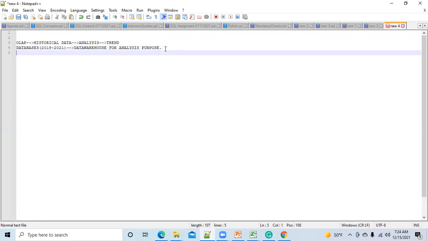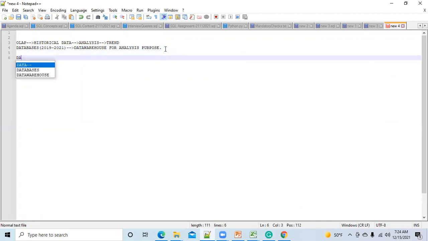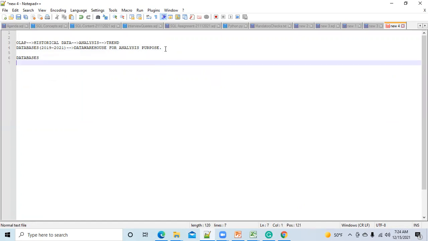Suppose you started your database in January 2021, and now you are standing in July 2021. How many months of data do you have? January, February, March, April, May, June. You already have 6 months of data.